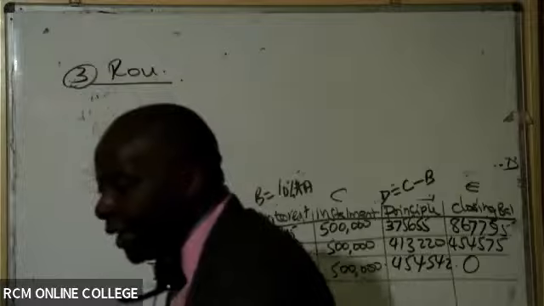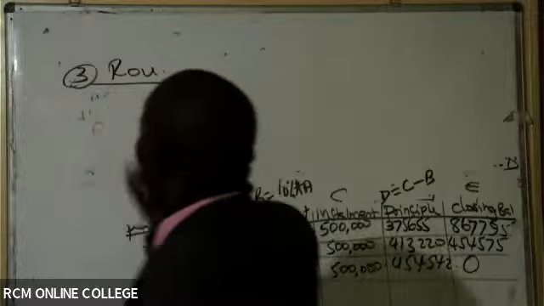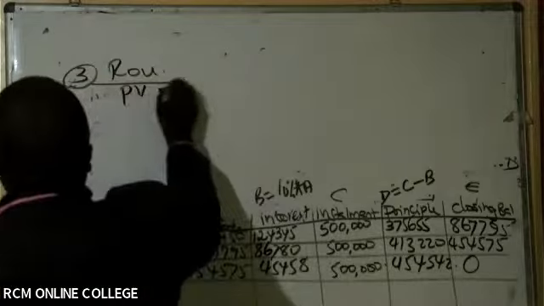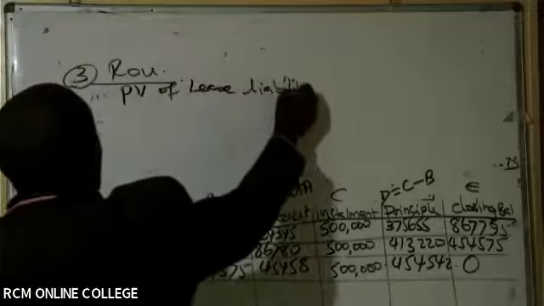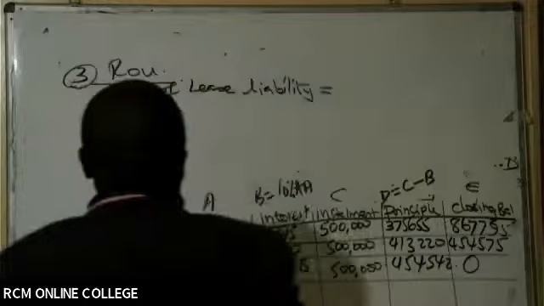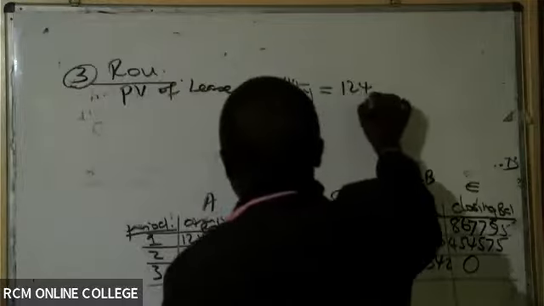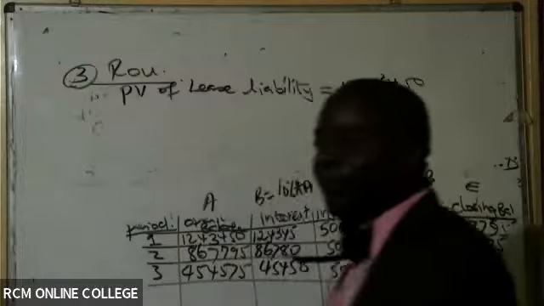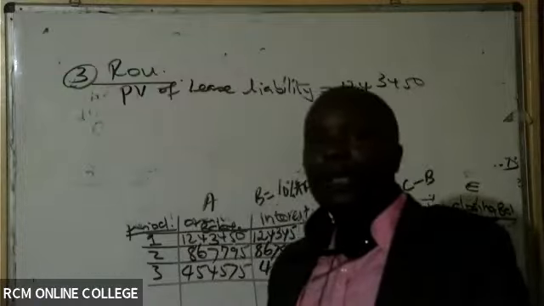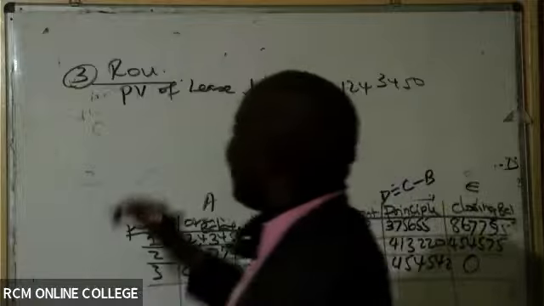So then how do we get this right of use? To get right of use, you will take the present value of lease liability, which in this case here is 124,3450.